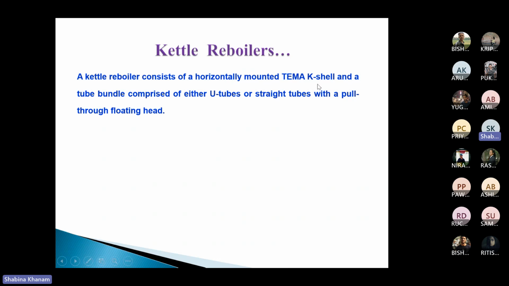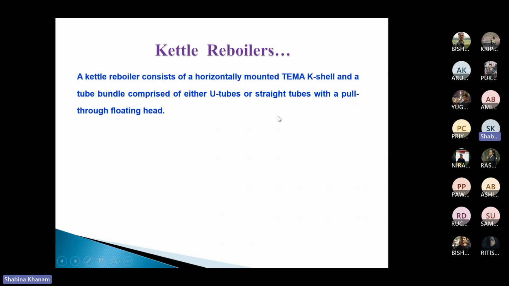This type of shell has been given a particular name, and that is TEMA K shell. TEMA, you understand, we have discussed before also. So the TEMA K shell we need to consider is a specific type of shell. If you recall the shell arrangements we discussed in the constructional details of shell and tube heat exchangers, there we had E, F, G types.